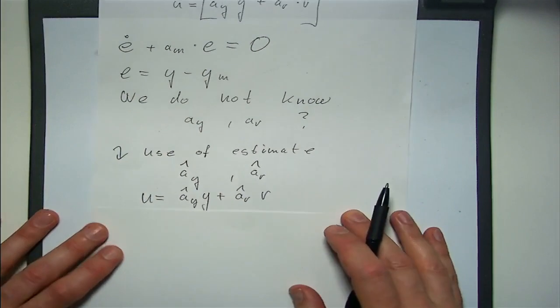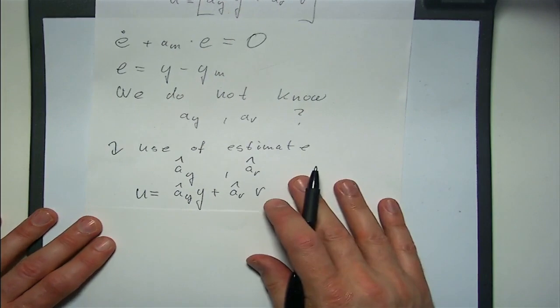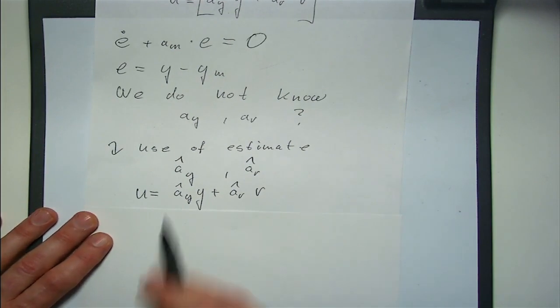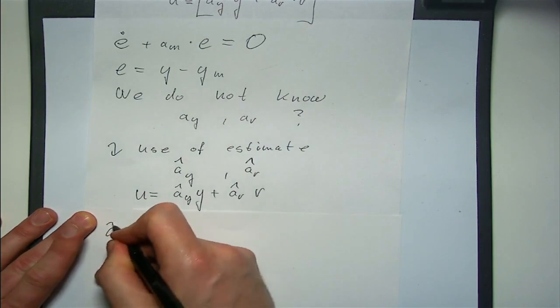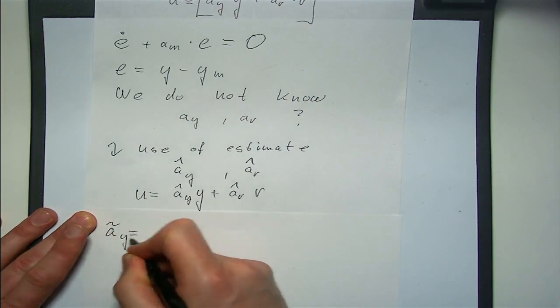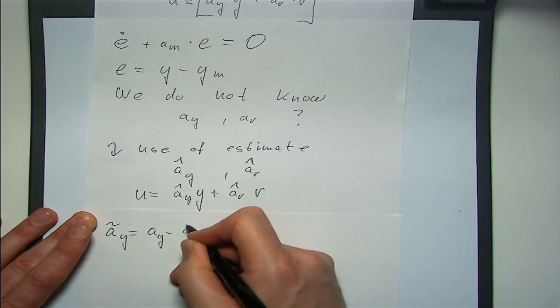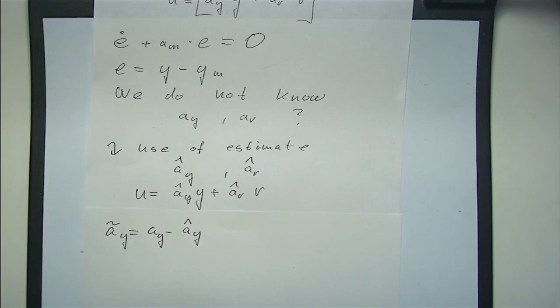So first of all, we need to introduce some form of error. Another error. We already have a control error, if you wish, which is pretty much this one here. But now we need another error, which is called AY tilde, for instance. So we have AY minus AY hat.